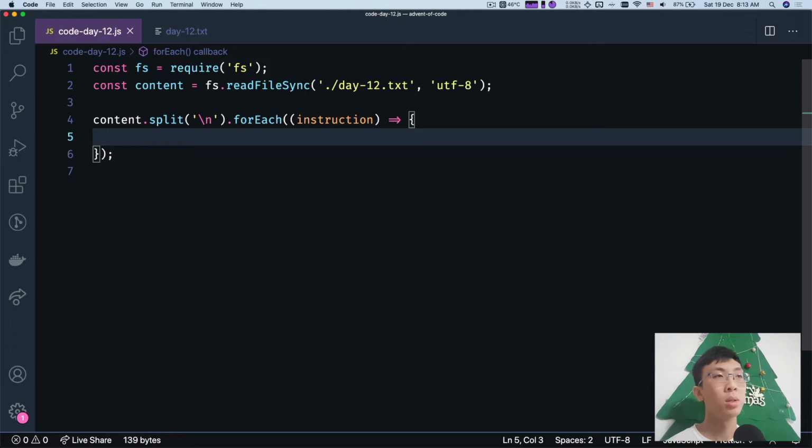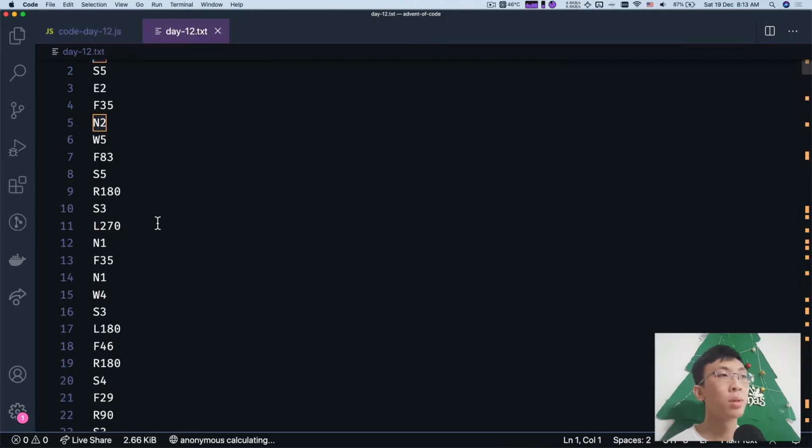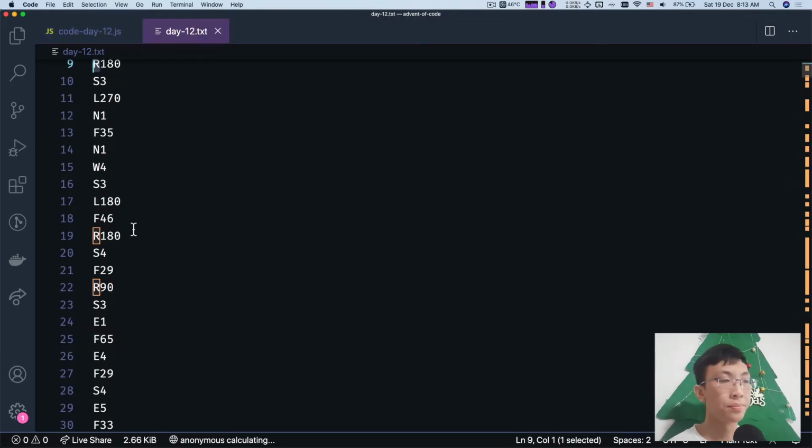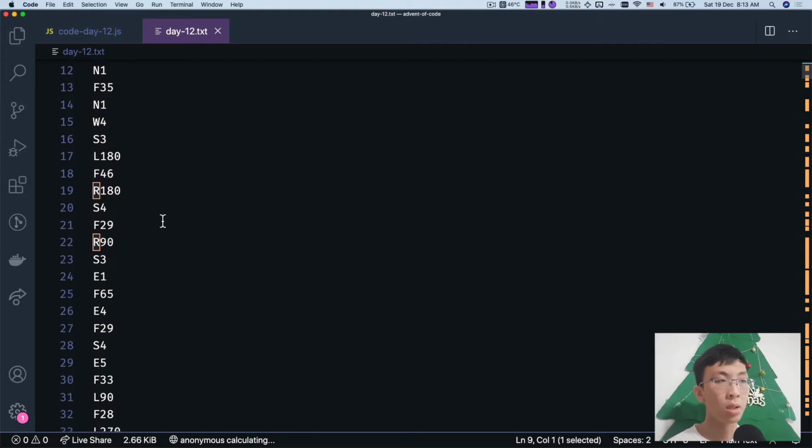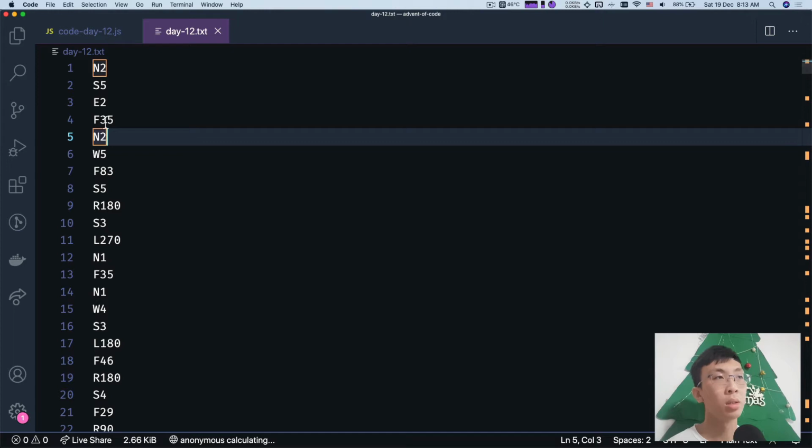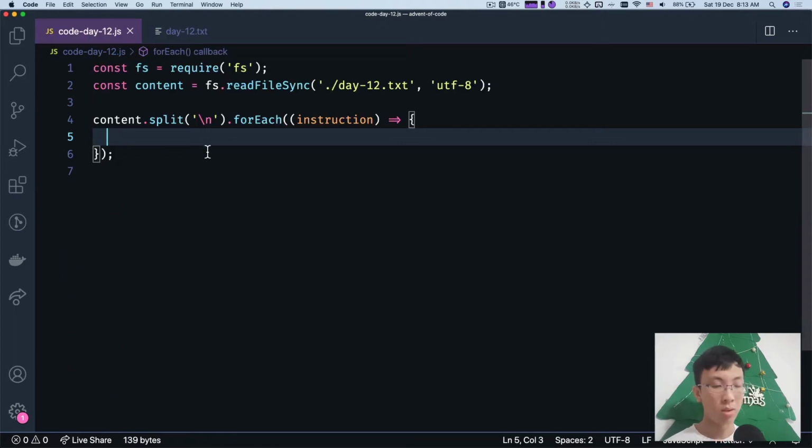The instruction consists of a direction and the amount, so we can use regex to split those out. First is the direction, and then the next one is the amount.